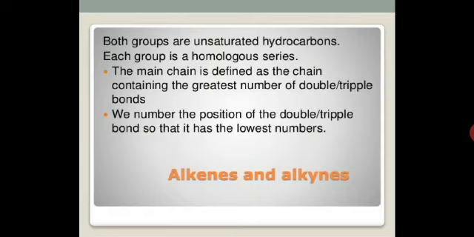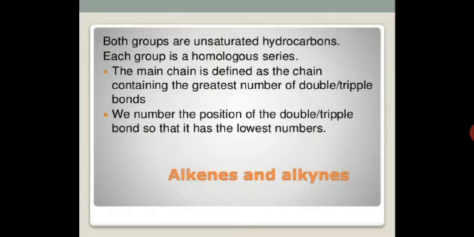Now, in naming alkenes and alkynes, there's a slight difference because both groups are unsaturated hydrocarbons. Each group is a homologous series on its own. We know that the alkenes conform to the general molecular formula CnH2n, while the alkynes conform to the general molecular formula CnH2n-2.